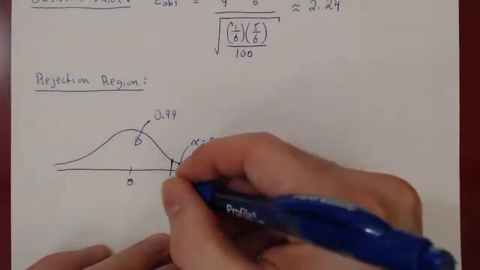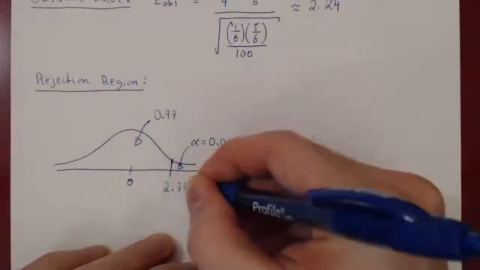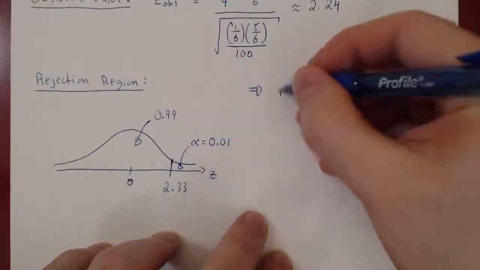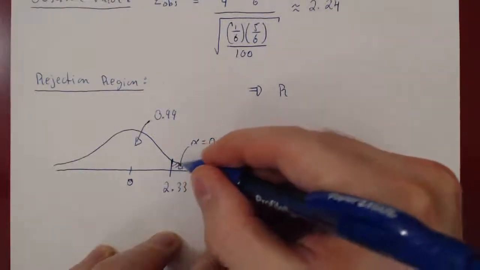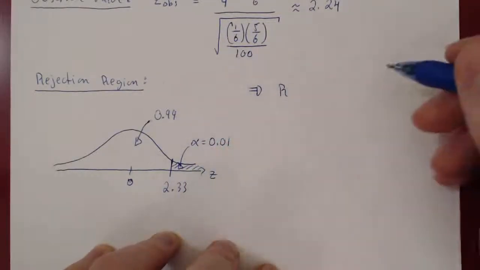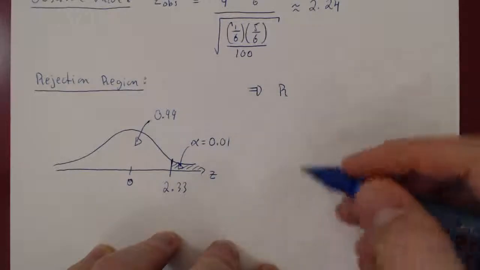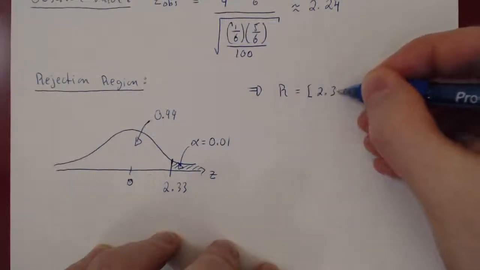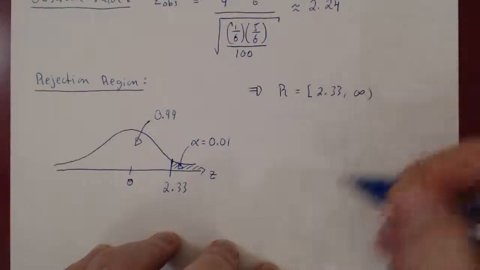So we have a z-score here of 2.33. So we have our rejection region. R will be, again, because we had a right-tailed test, we reject the right tail of our distribution, so from 2.33 to positive infinity.